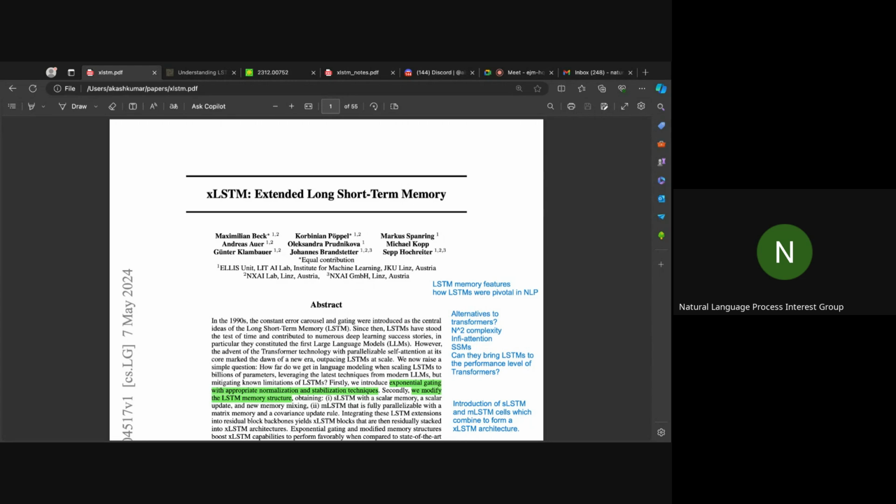So the cell state acted both as a memory for the architecture and also something like a skip connection, not exactly a skip connection, but it allowed the gradients to flow through multiple time steps back. So it allowed for better results, especially on sequence to sequence problems.